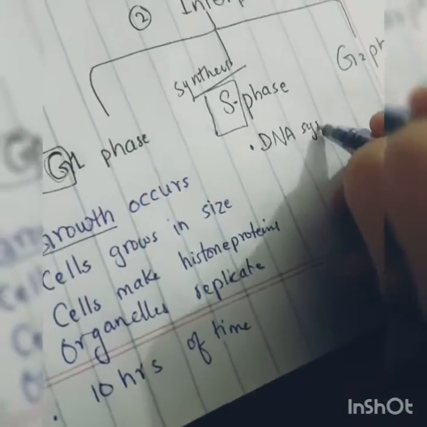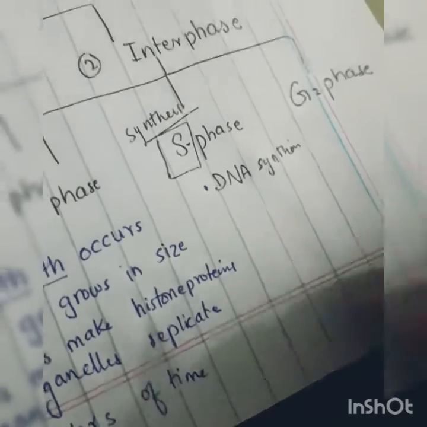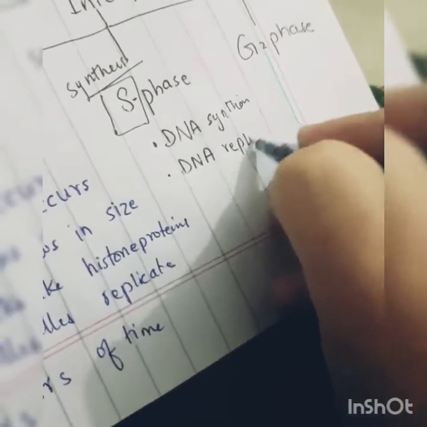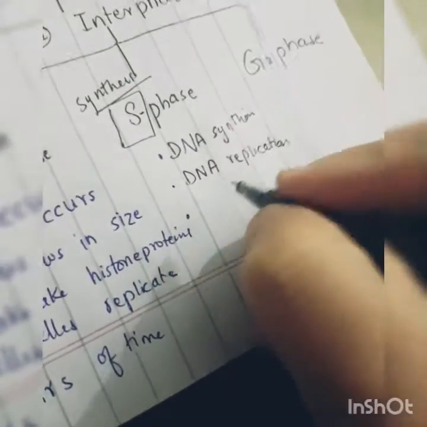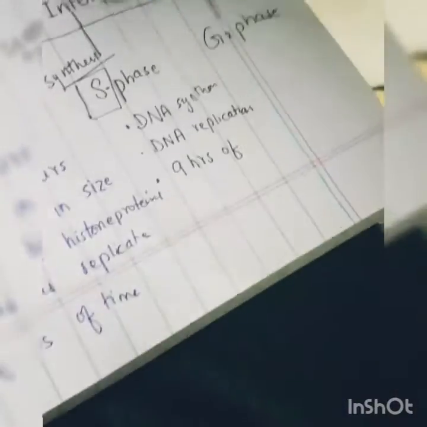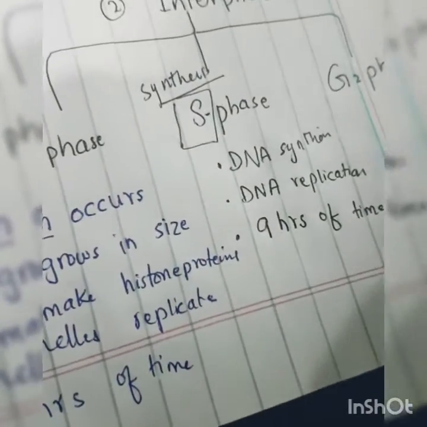DNA synthesis starts in this phase. DNA replication occurs, meaning DNA makes exact copies, and it takes 9 hours.